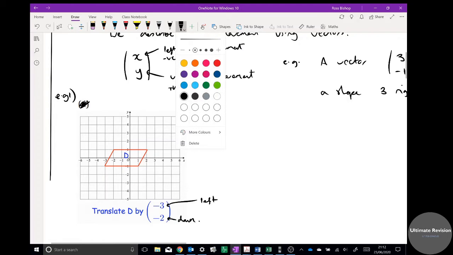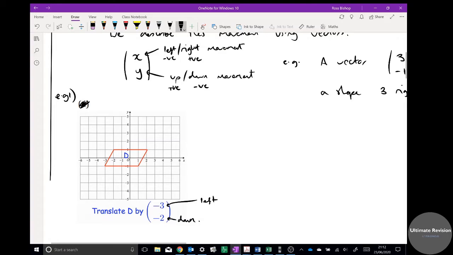So we go through each point carefully. This point is going to go left 1, 2, 3, and down 2. So that point will go there. This point, left 3, down 2, there. This point, that point, there. And then I can draw the new shape there.